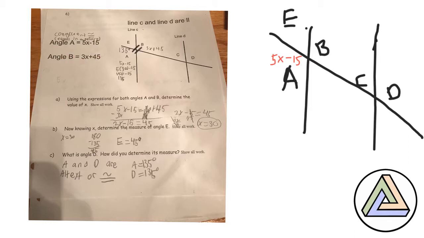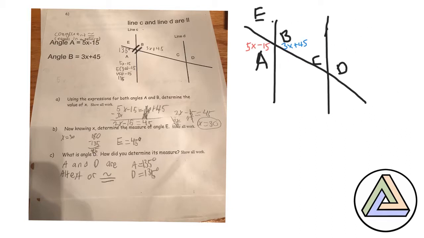So I'm actually going to write that right here, 3x plus 45. Now right away, the way that my mind works with this is I just labeled angle A, I just labeled angle B, and we could also see clearly that A and B are vertical angles, so I can already see that 5x minus 15 is going to definitely equal 3x plus 45, no question.